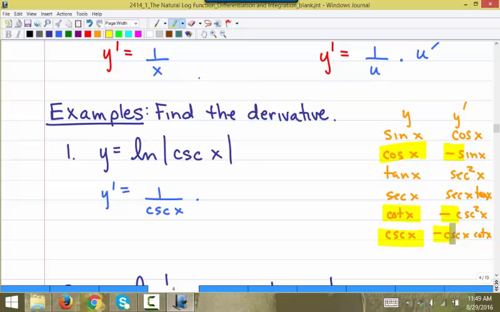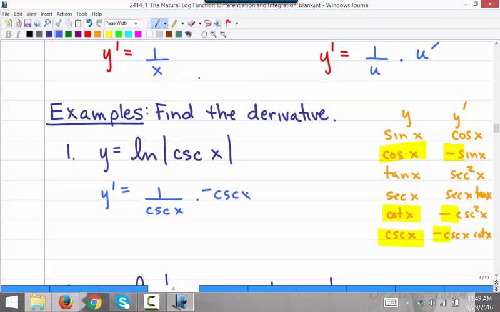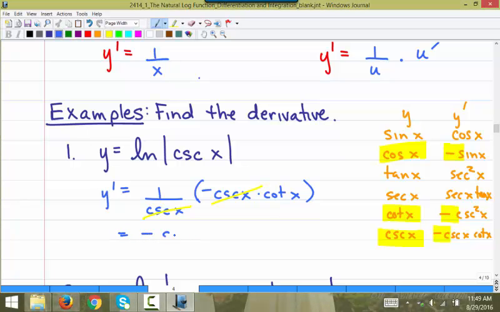Did y'all see that relationship last semester? Okay, so the derivative of cosecant x is negative cosecant x cotangent x. Now, the cosecant x's will cancel, and you're left with negative cotangent x.